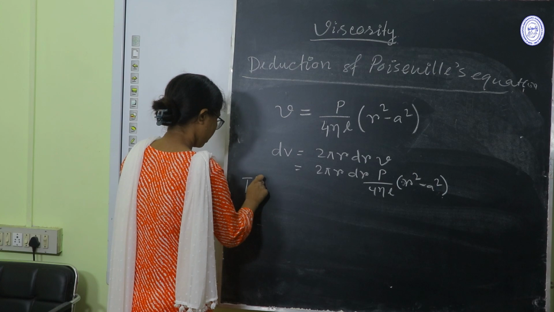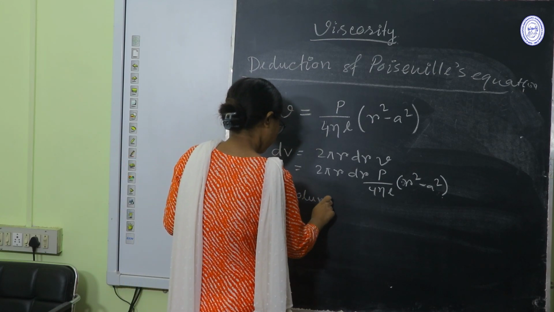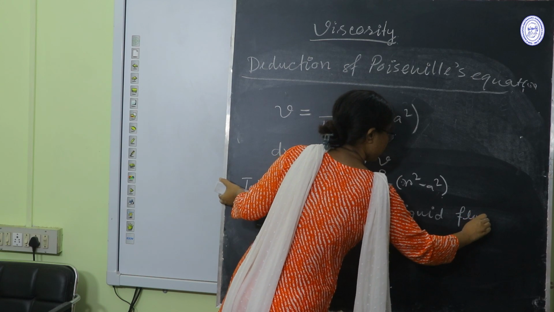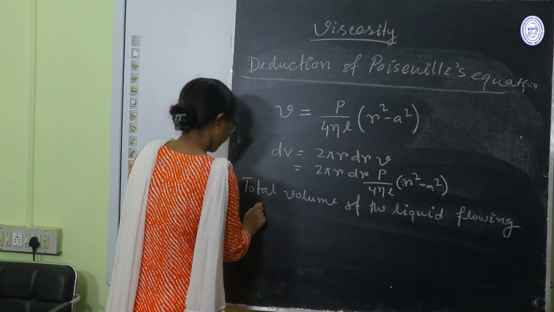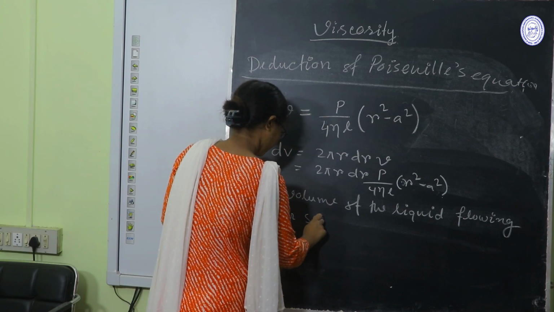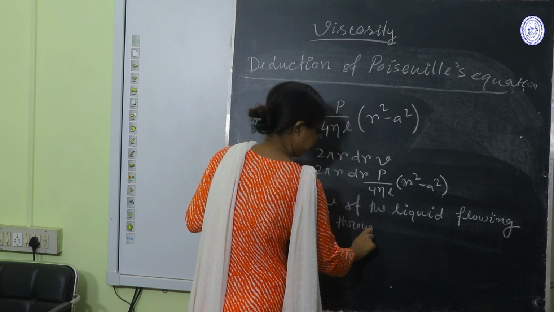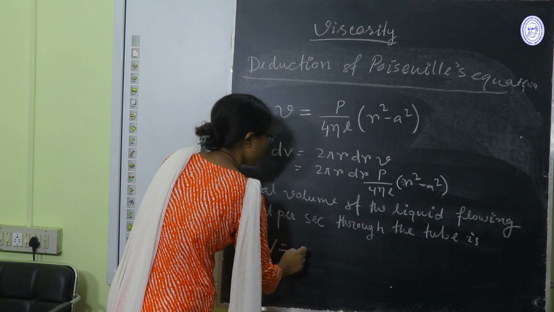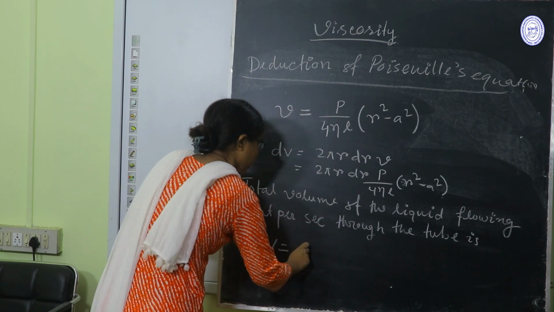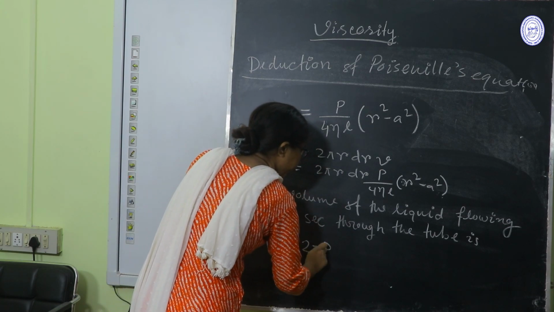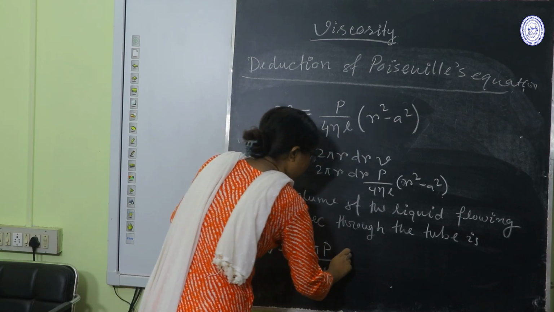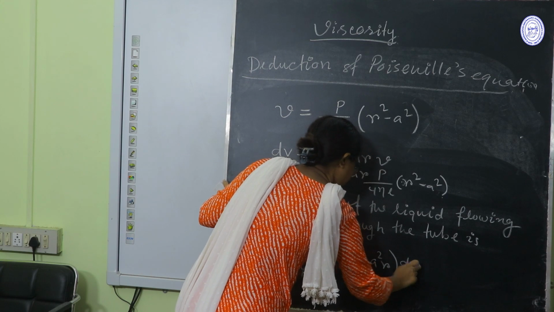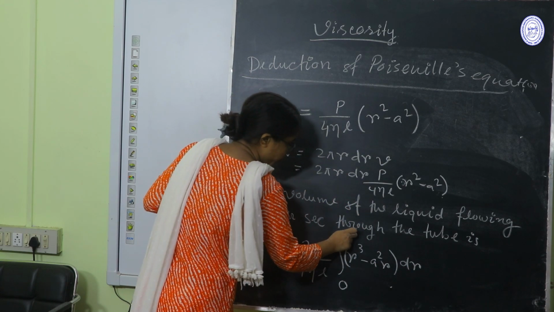So, the total volume of the liquid flowing out per second through the tube is V, equal to 2 pi P by 4 eta L times the integral of r cube minus a square r dr, with the limit of r from 0 to a.